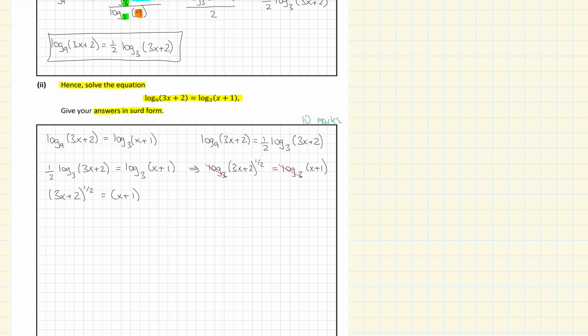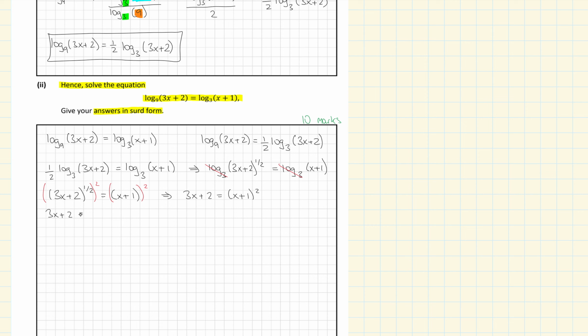I'm not a fan of the power of a half, so I'm going to go and square both sides. The half and the square will cancel on the left, and I'll get 3x plus 2 equals x plus 1 squared.